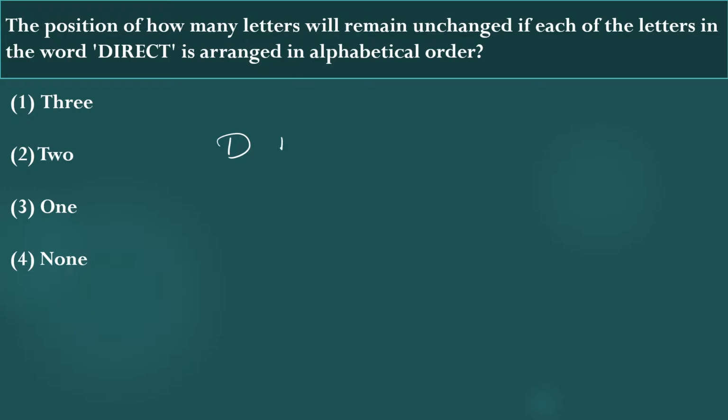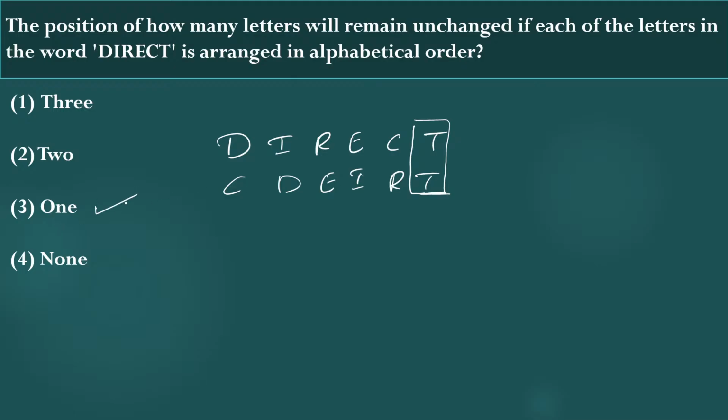Just now we saw a question similar to this one. So, C is there, D is there, E is there, I is there, R is there, T is there. So, only one letter does not change. Option 3 is correct.